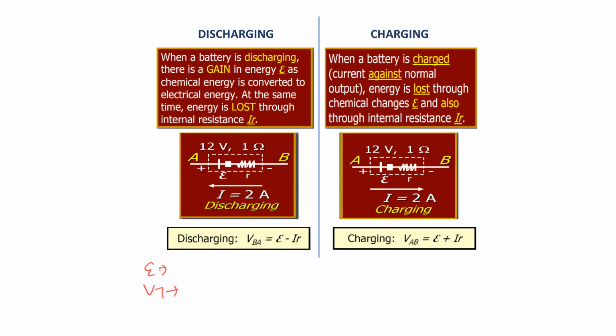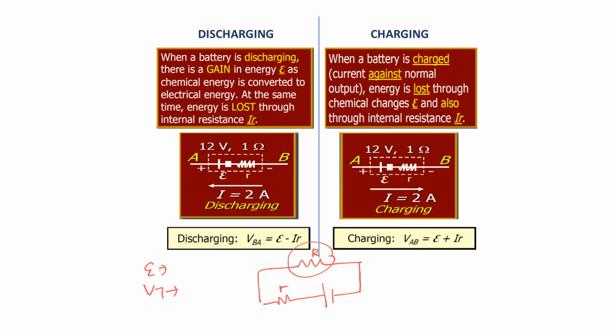When it comes to discharging, I draw the discharging concept. I have a battery here, and I have internal resistance here. This one is external, but we ignore it first, because terminal voltage only happens at the battery. We only focus on the battery when it comes to terminal voltage.